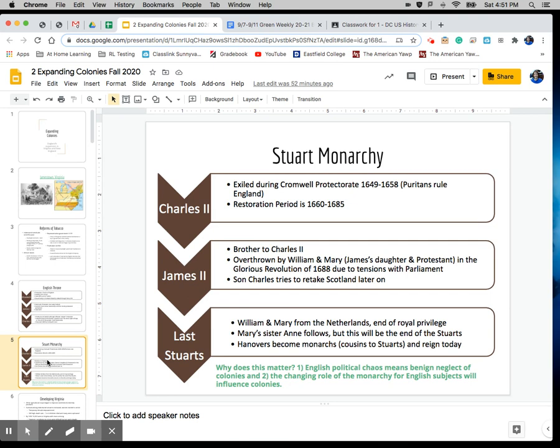In addition, because the Stuarts are kind of in power, not in power, in power, and because you're dealing with these leftover religious developments, you have a lot of political wrangling. And that's going to play a role in how the crown starts to give out land in the New World, right? So giving out that land is going to begin to change the way the colonies are run.